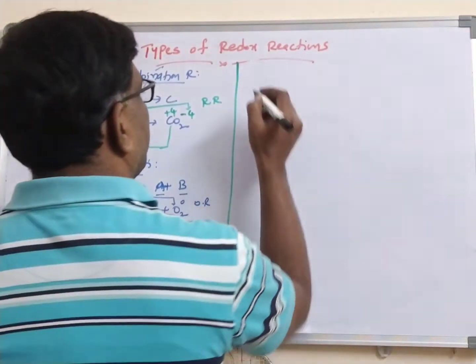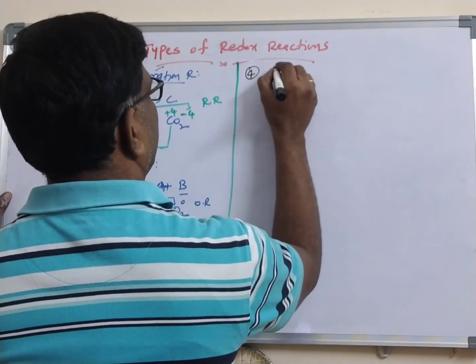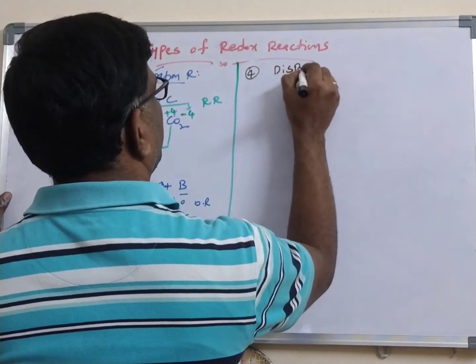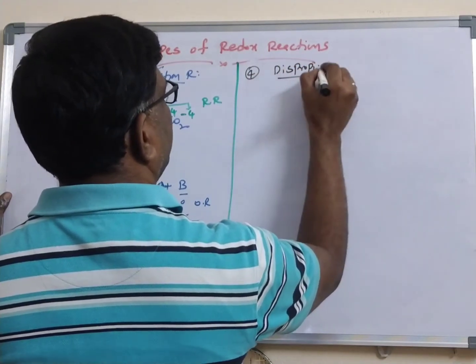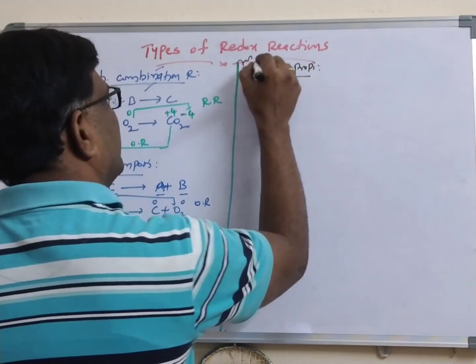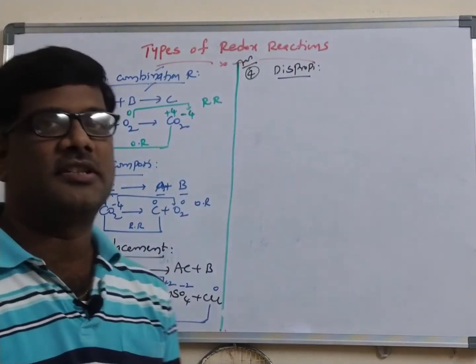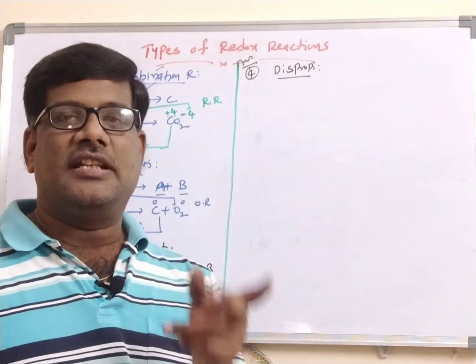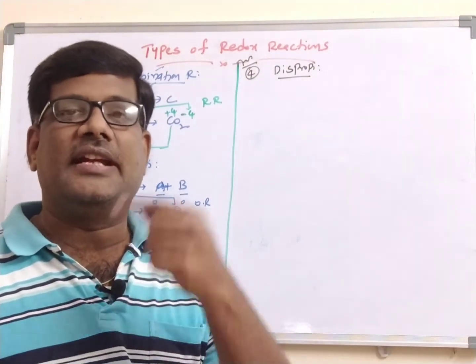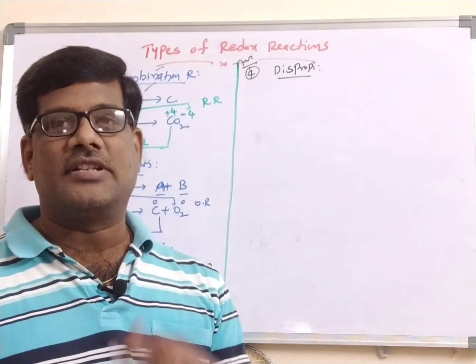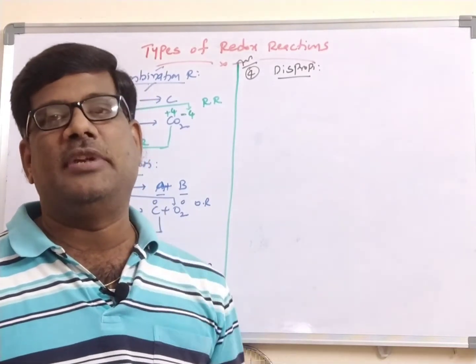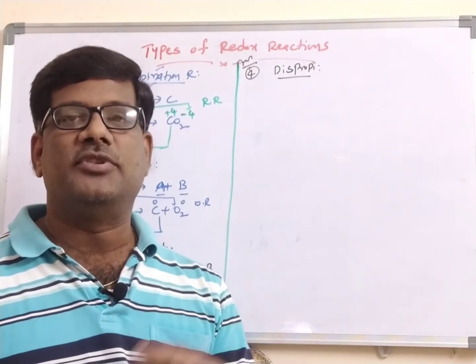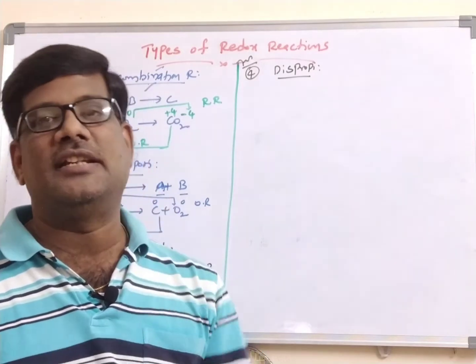Then fourth, very important for the examination: the disproportionation reaction. What is the disproportionation reaction? Look here. A redox reaction in which one element with an intermediate oxidation state undergoes both oxidation and reduction simultaneously.